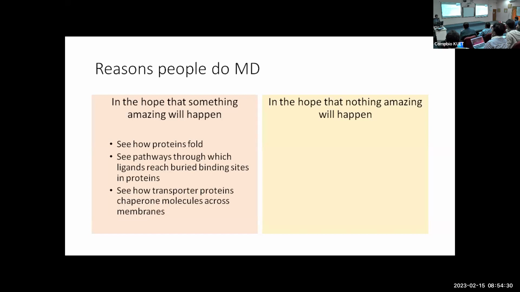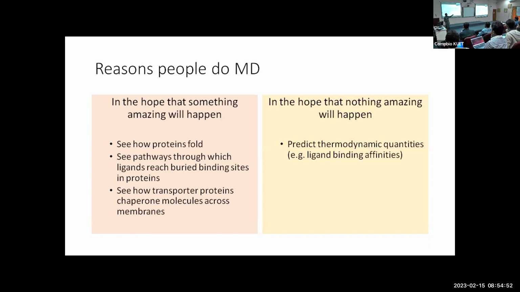The other reason, which is what you'll be doing most of the time, is the more reliable part: you predict your thermodynamical quantities, like binding affinities, because MD is good at replicating thermodynamics.